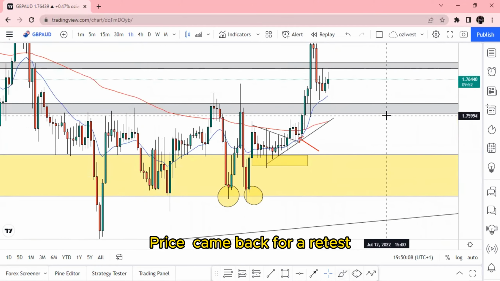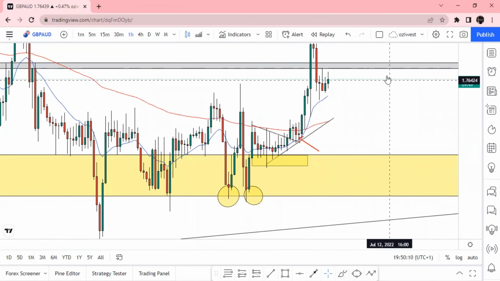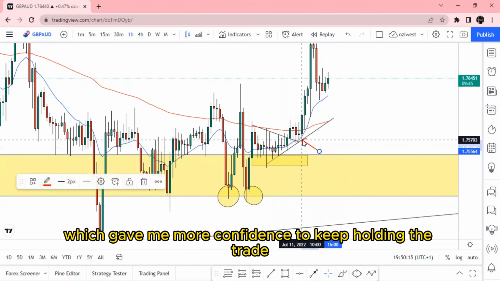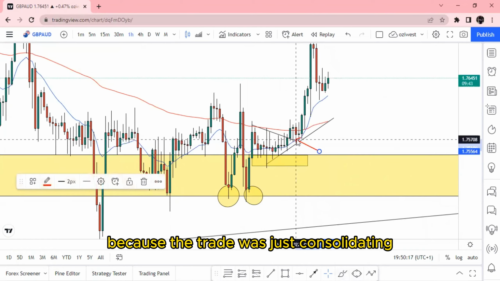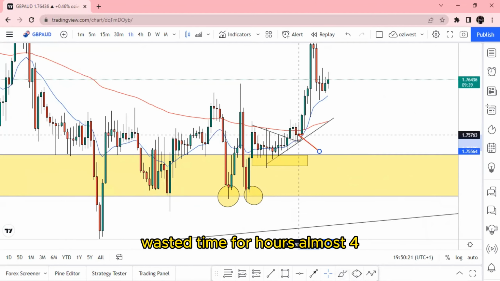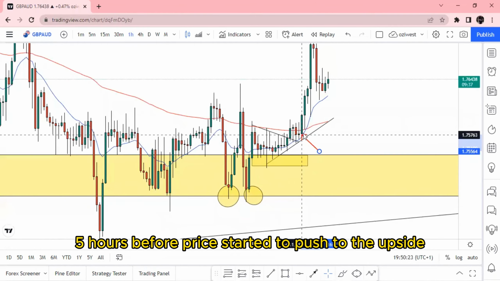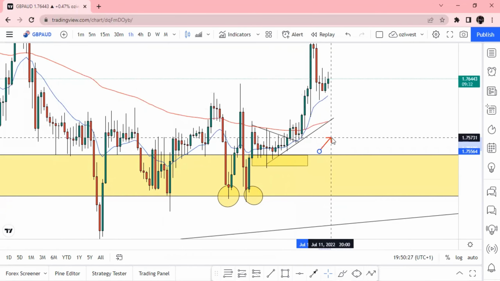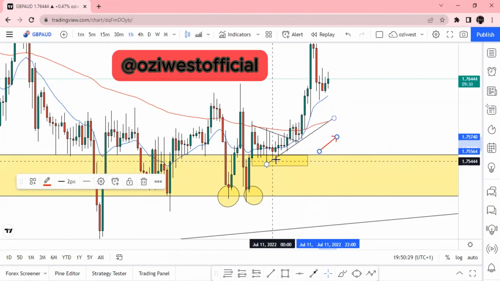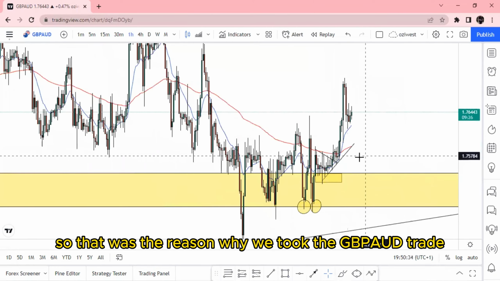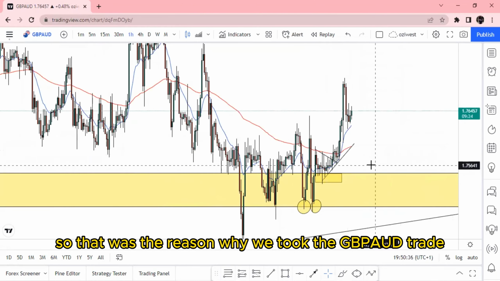Price came back for a retest, which gave me more confidence to keep holding the trade because the trade was just consolidating. Wasted time for hours, almost 4 or 5 hours before price started to push to the upside. So that was the reason why we took the GBPAUD trade.